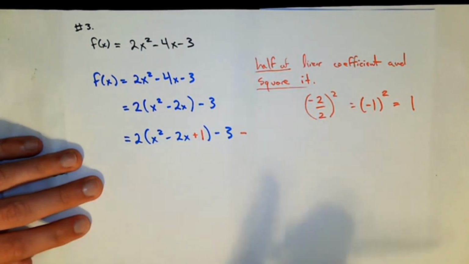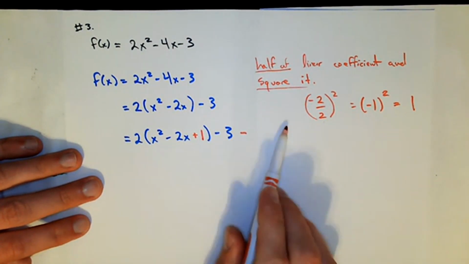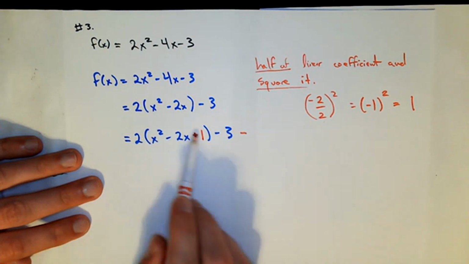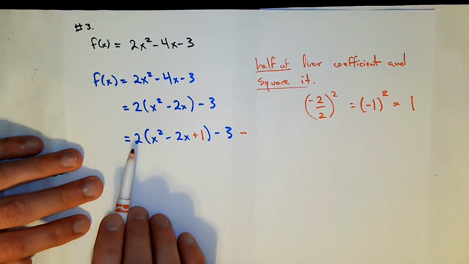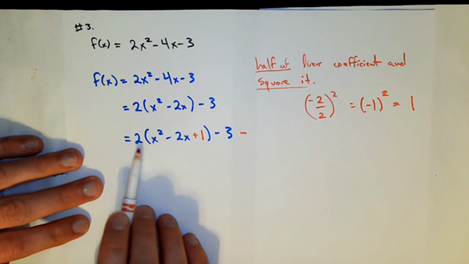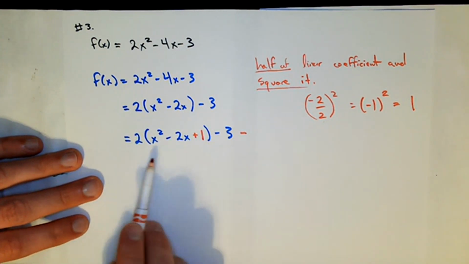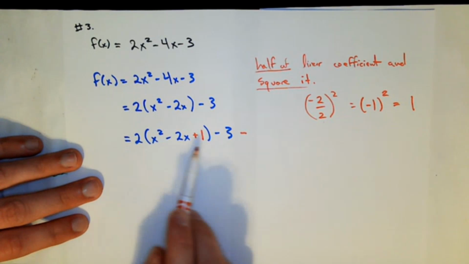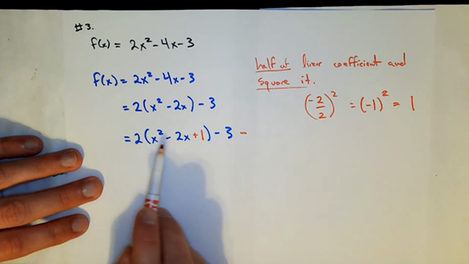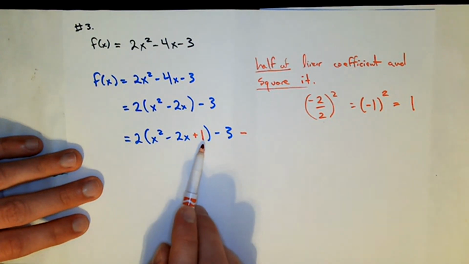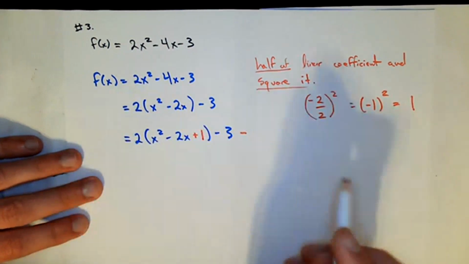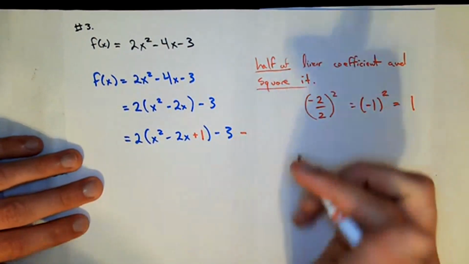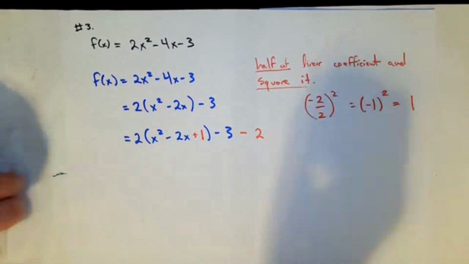Because now I need to zoom out and think about bringing balance to this whole function, not just the part inside the parentheses. Well, technically what I actually added to the greater function is a 2, right? Because if I expanded this all back out, this 2 would hit that 1, making it a +2. So I need to bring balance to this function, not just by subtracting 1, but by subtracting 2.